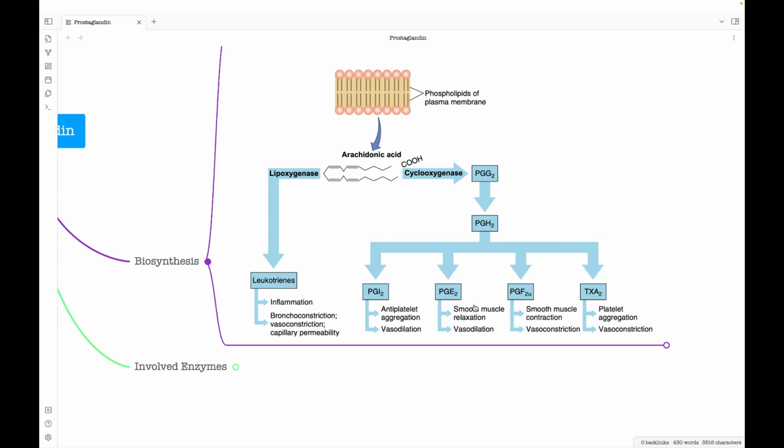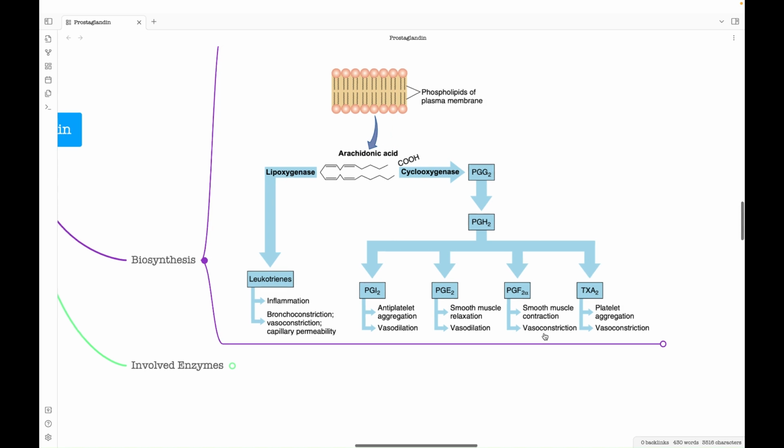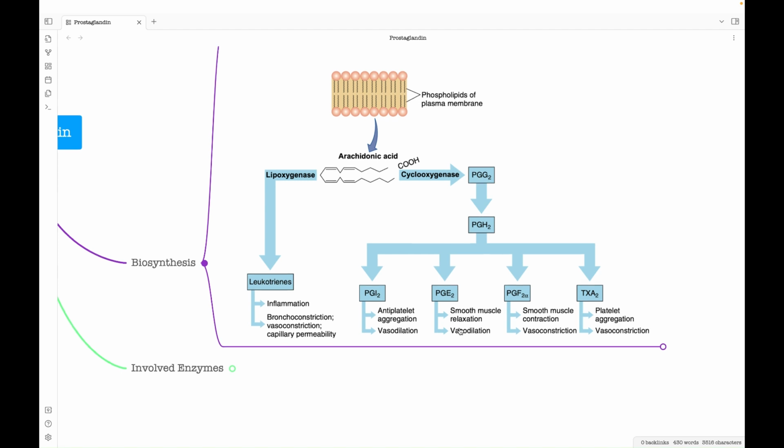Next we have PGE2, that is again associated with vasodilation and smooth muscle relaxation. Next we have PGF2 alpha, which is associated with smooth muscle contraction and vasoconstriction. See, the functionalities of PGI2 and PGE2 are quite similar. Both are associated with vasodilation, but PGF2 alpha is associated with vasoconstriction and smooth muscle contraction.